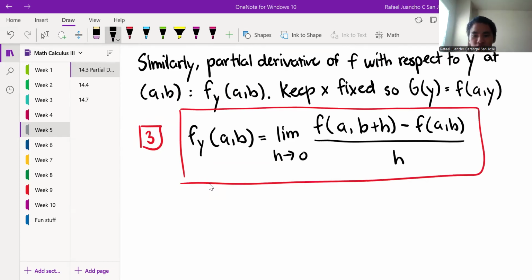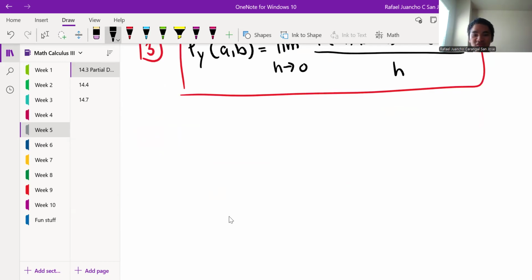With this notation for partial derivatives, it goes through the particular example from before. I'm not going to go through it. Now here's the fun part. What if we let both points vary?